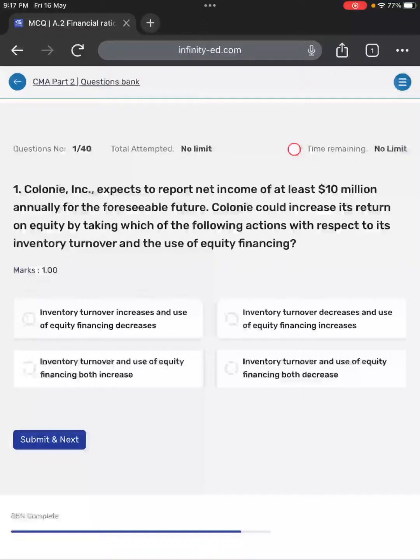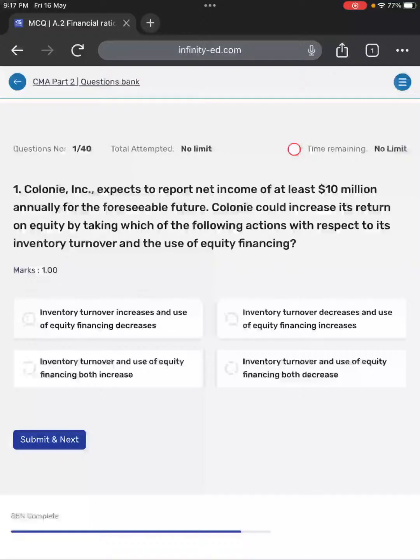Inventory turnover increases because sales will increase; then inventory will increase. Inventory turnover means what? COGS divided by average inventory.